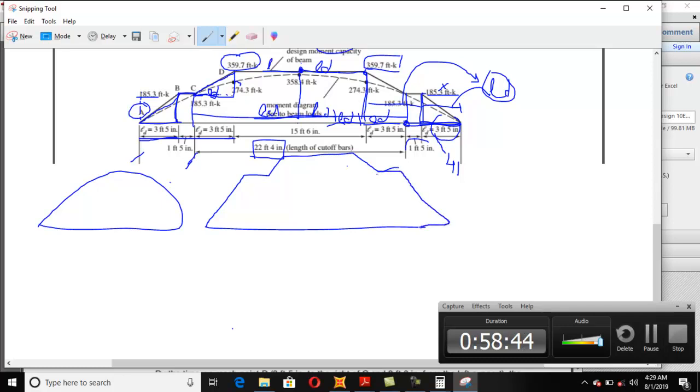Clear. Now you need to take this diagram and just fit it into this diagram. But before doing this calculation, you need to draw first of all this diagram, and then you need to draw the capacity diagram. Clear?